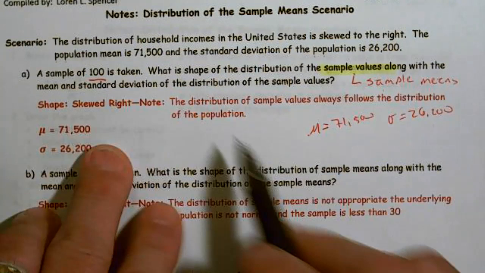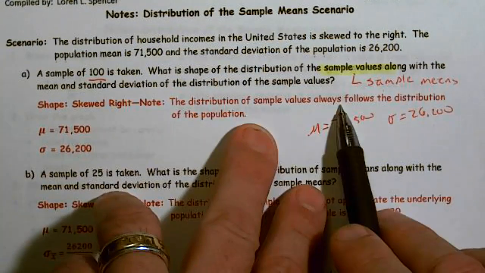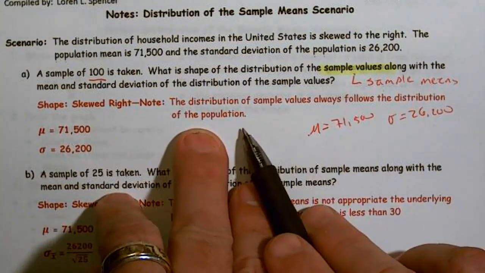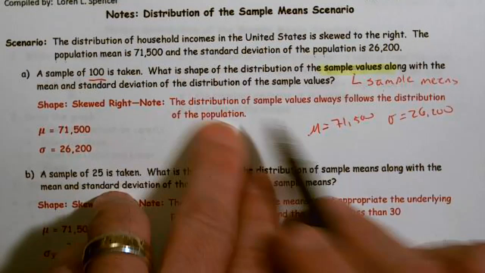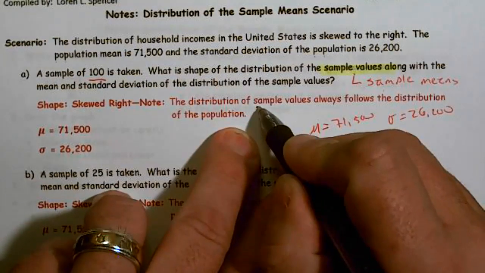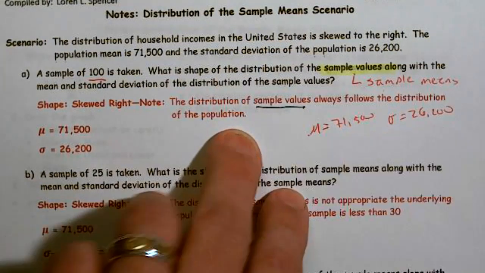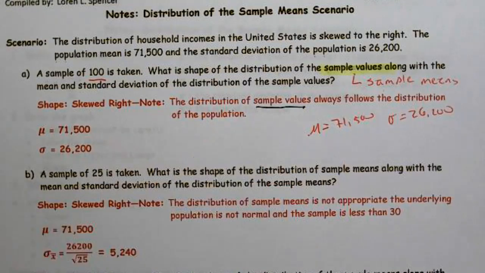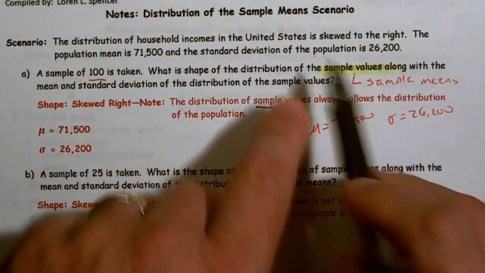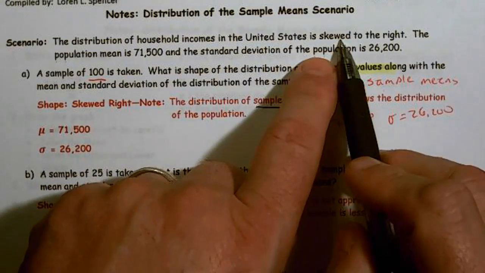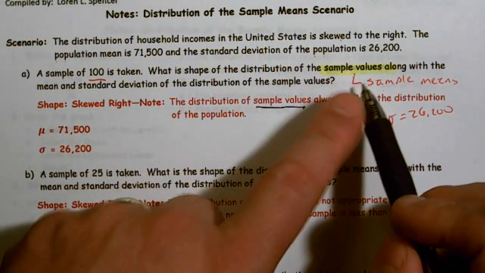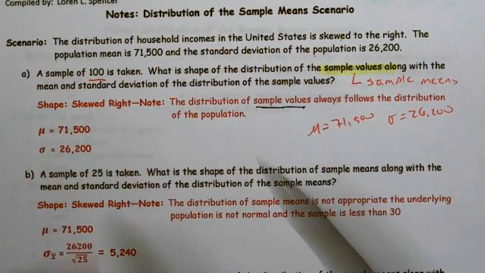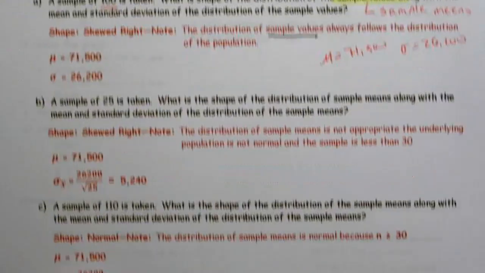But in this case, the distribution of the sample values always follows the distribution of the population. This is always true for sample values. So the individual values or the individual scores will always follow the underlying distribution, and the underlying distribution is skewed. Distribution of sample means becomes normal, or approximates the normal, if n is 30 or larger.